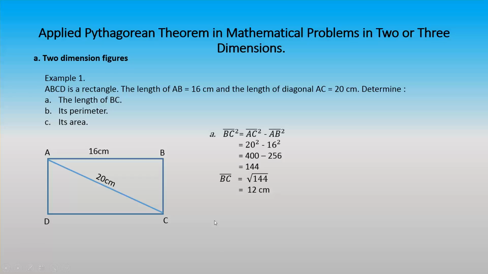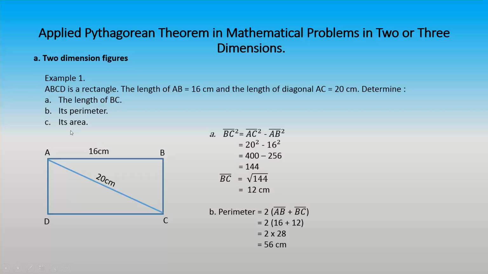We can write down here 2 times the length of AB plus 2 times the length of BC, or you can write like this. 2 times in the bracket AB plus BC. And then this equal 2 times 16 plus 12. 16 plus 12 is equal 28. So the result is 56 centimeter.